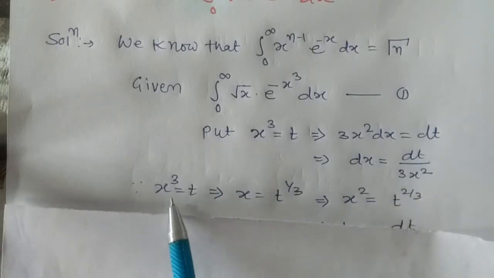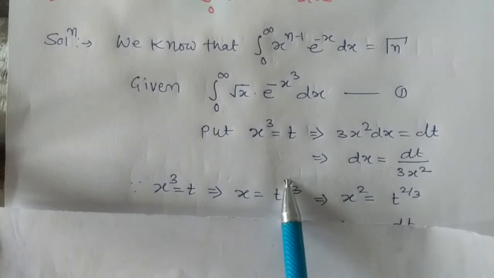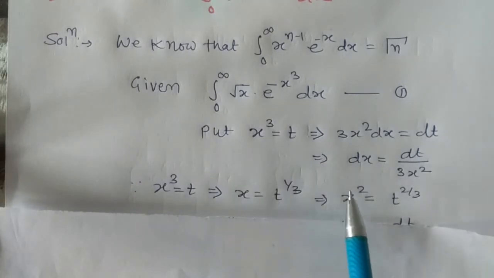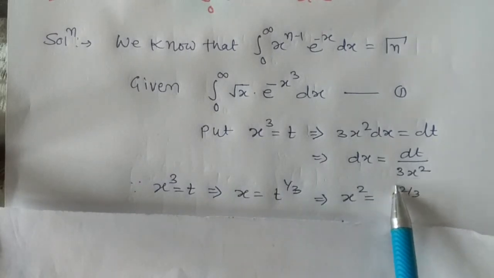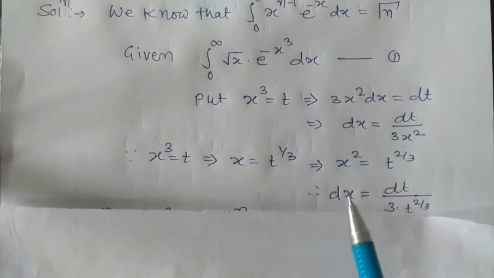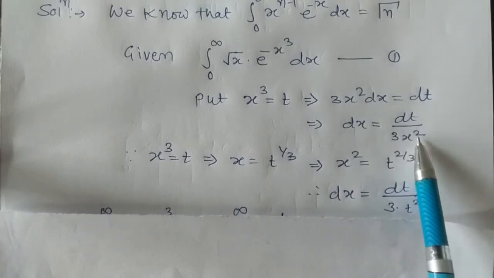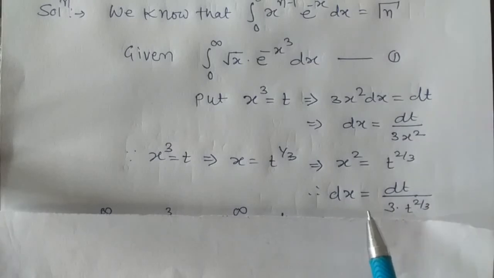Further, x cube equal to t implies x is t power 1/3, which gives x square equal to t power 2/3. So putting the value of x square here, dx is dt upon 3 into t power 2/3.